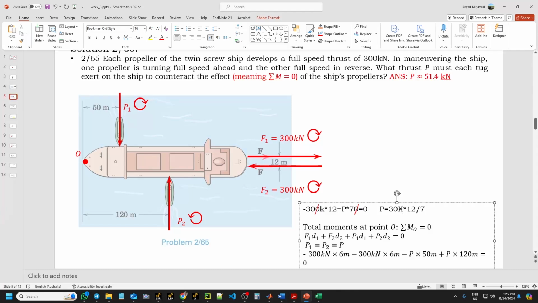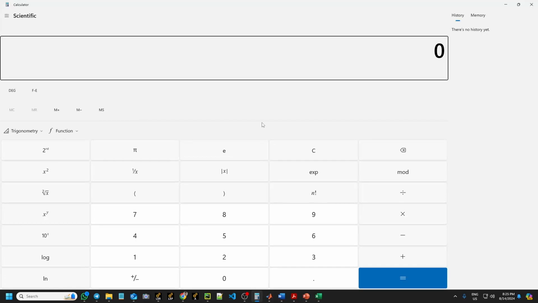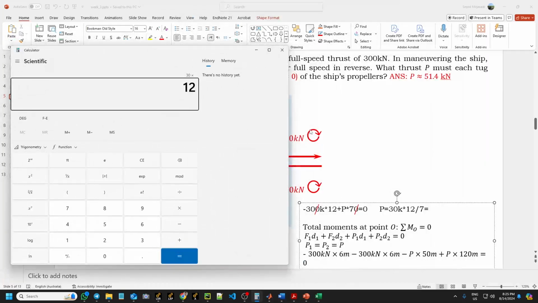You see that I didn't change k, it should be in lowercase, and then here now you can put 1000 because I don't want to occupy my brain. Now you can use your calculator. So times 12, let me show you how I work with this.